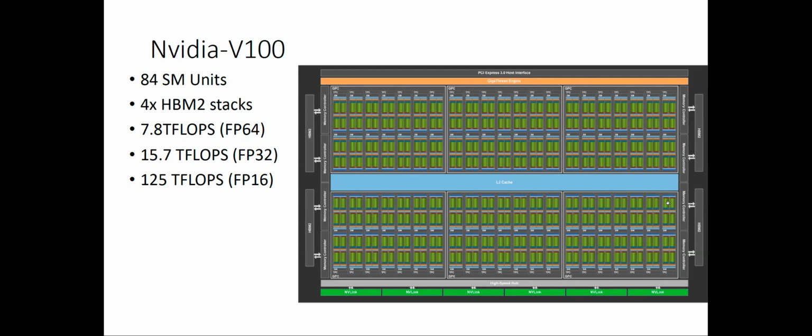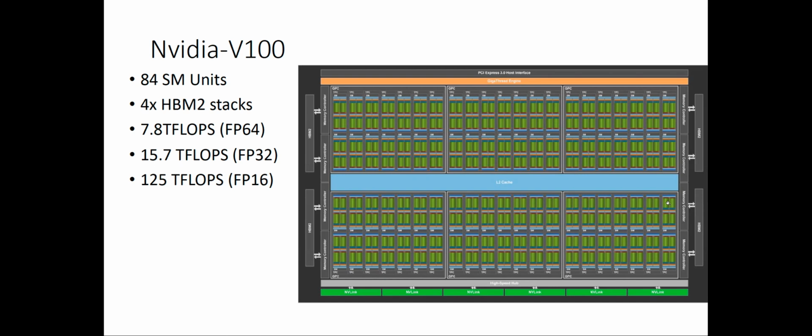The NVIDIA V100 has 84 streaming multiprocessor units, and within each streaming multiprocessor unit, they have cores for FP32, FP16, and FP64. Before the A100, the V100 only had this streaming multiprocessor, and within each unit, the hardware resources can be reconfigured by instructions to compute either floating point 64, floating point 32, or floating point 16.